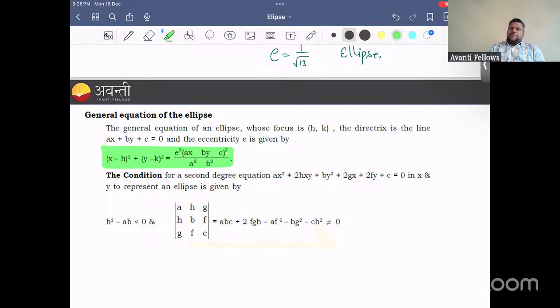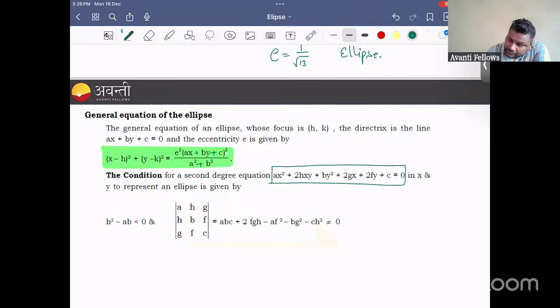Now see, if you simplify this equation, you square it, you solve it somehow, then you get an equation of this type. Yes or no?